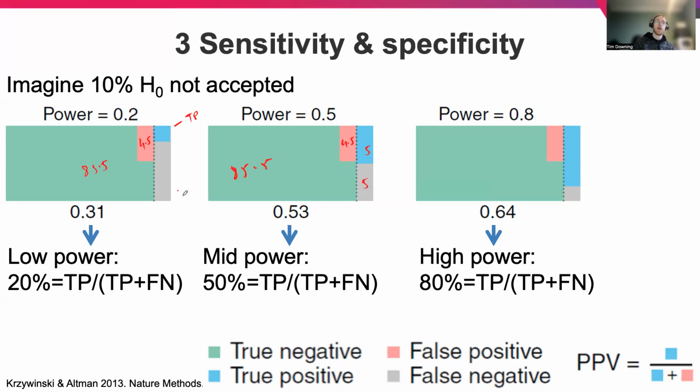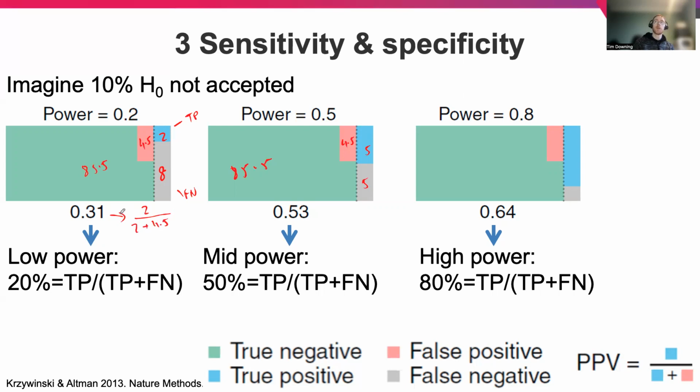This is our false negatives in gray. So this is now going to be 8 because our power is 0.2. And this is just 2. So that means here our PPV comes from 2 over 2 plus 4.5.